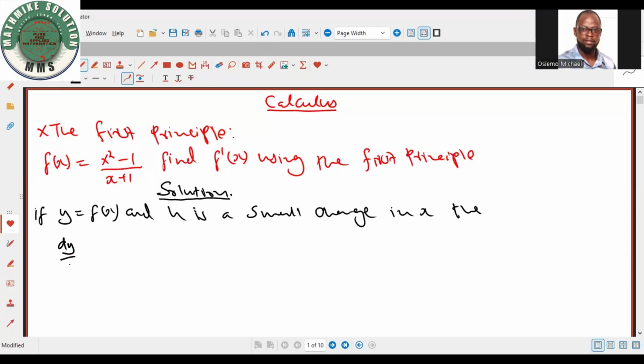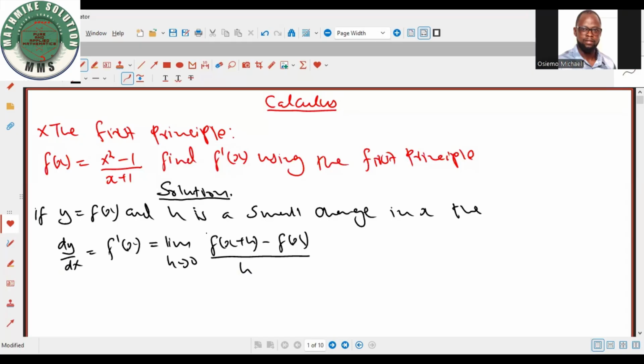dy dx is equal to f prime of x, which is equal to the limit as h tends to 0 of f at x plus h minus f at x, over h.